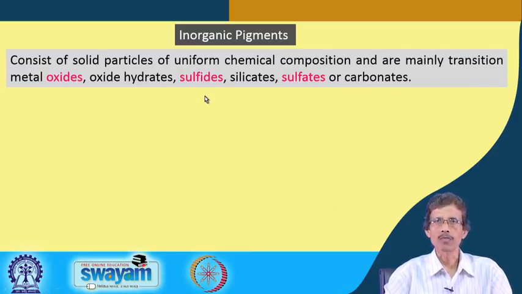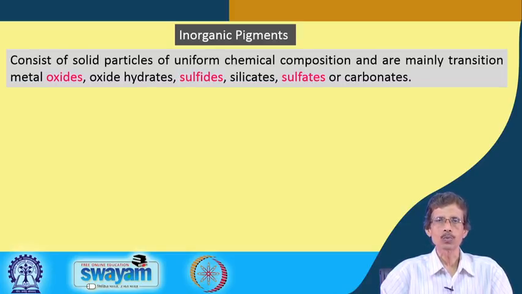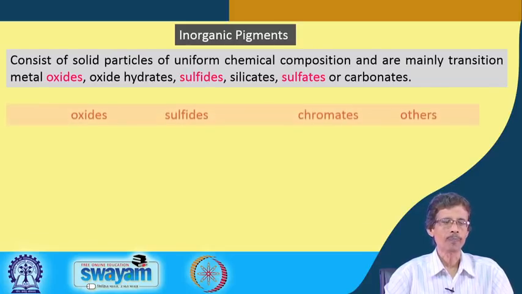You can have sulfides also, the sulfides of the transition metals, then silicates, sulfates and carbonates. All these anionic parts are the ore material for the corresponding metallic compounds, obtained for isolation of the metals. Now, we will not go for isolation of the metal or alloys from that; we will just directly use those as the pigment material.